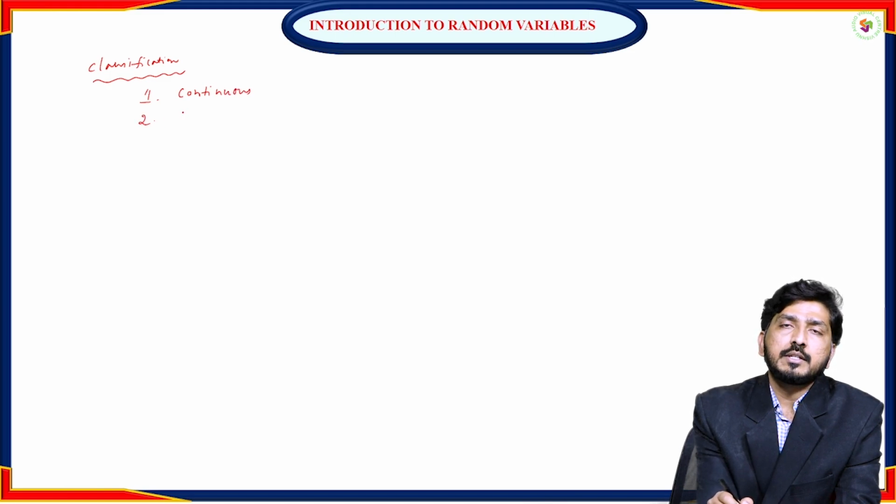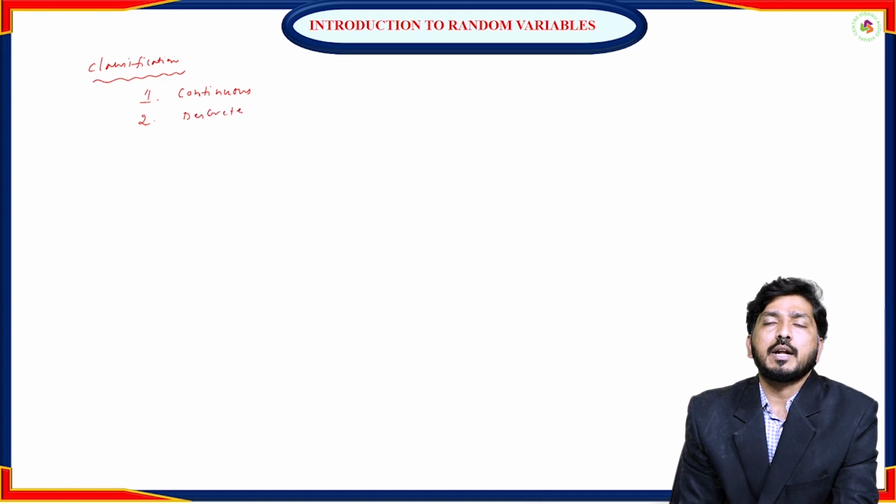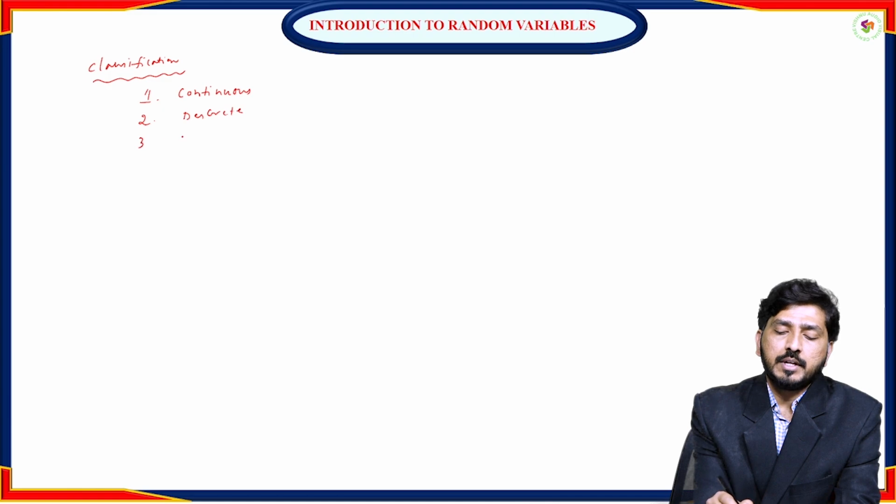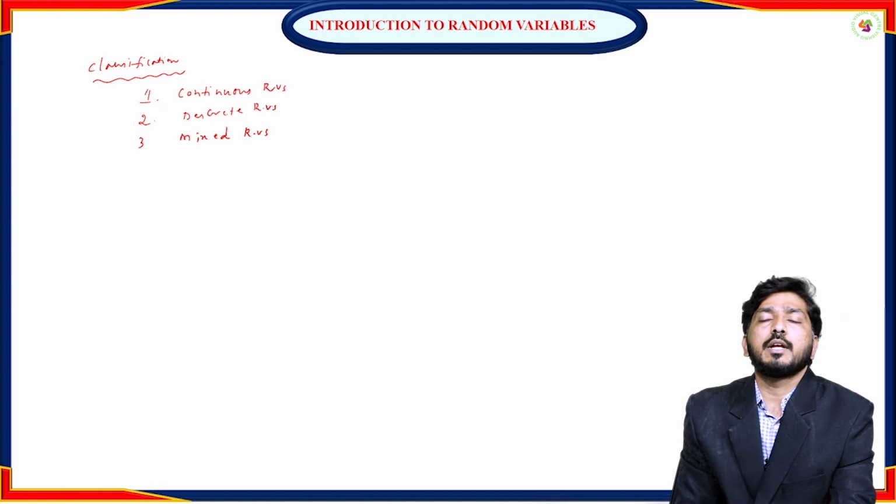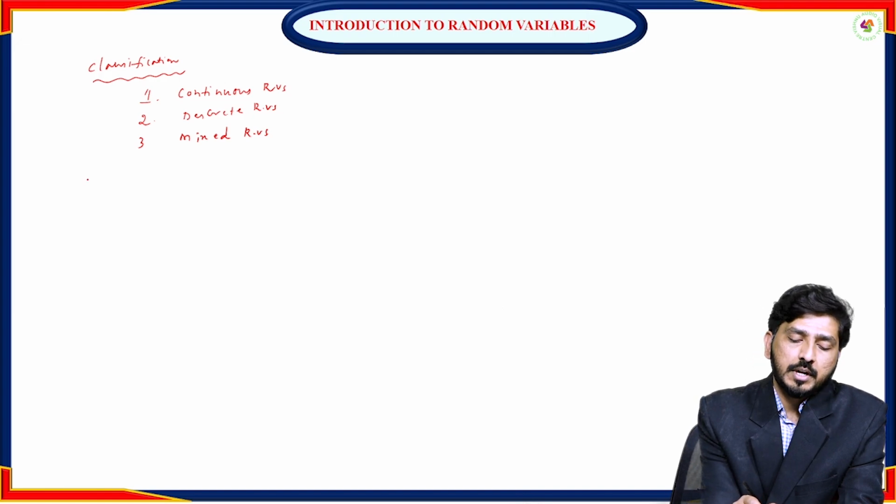The second one is discrete random variables. The third one is the combination of both, that is mixed random variables. RV indicates random variables.